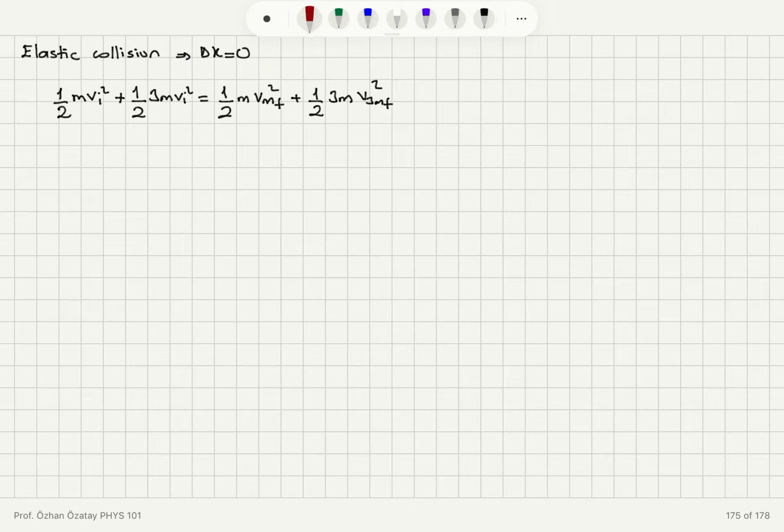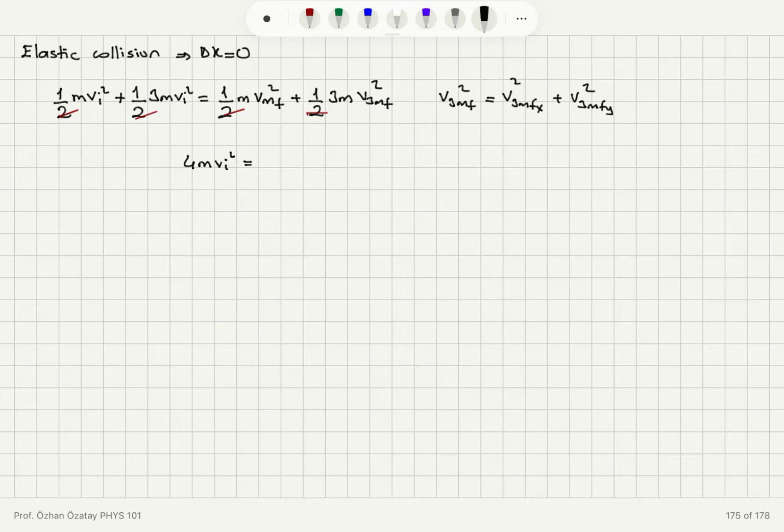And these 1 over 2's will disappear. And I want to note here that v3m final squared is actually v3m final x component squared plus v3m final y component squared. So the left hand side will become 4m v initial squared.